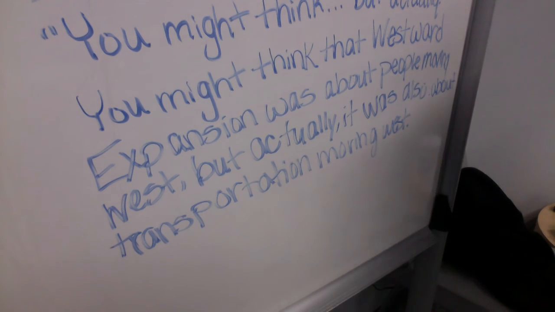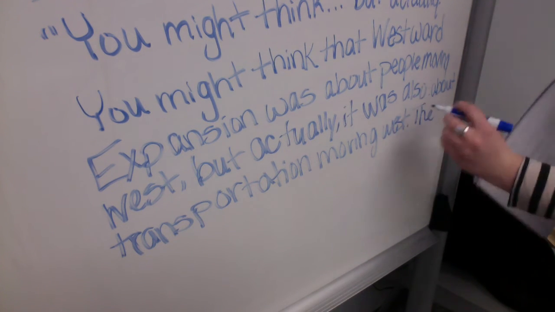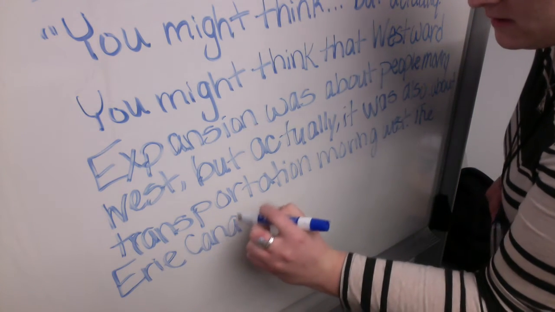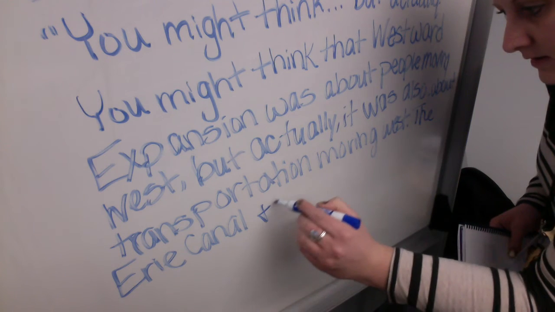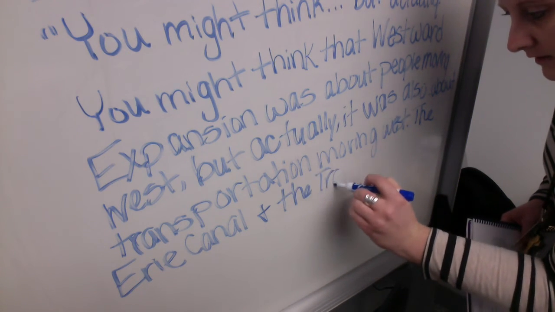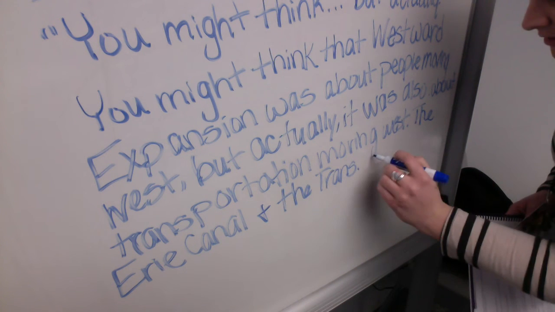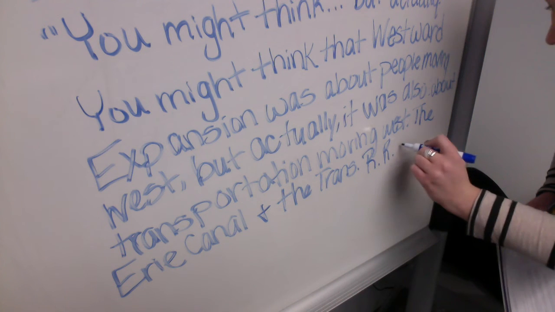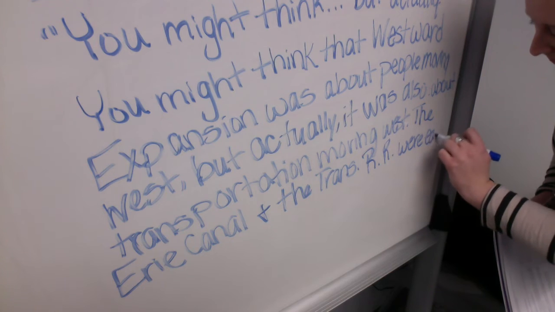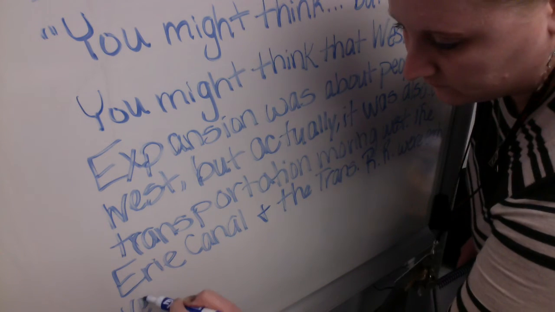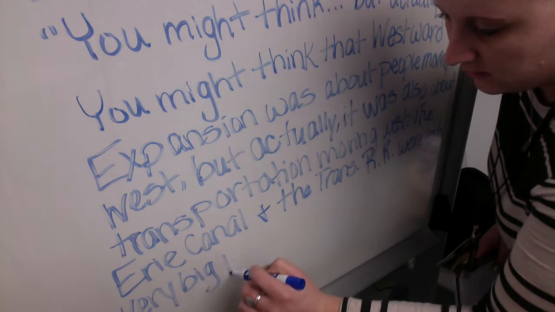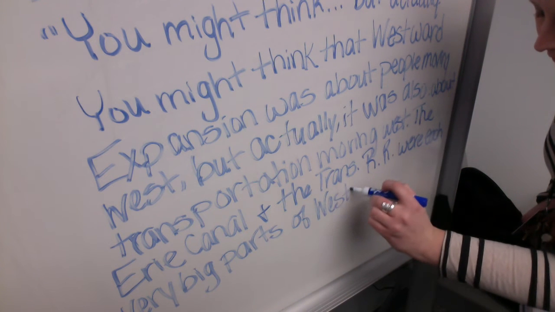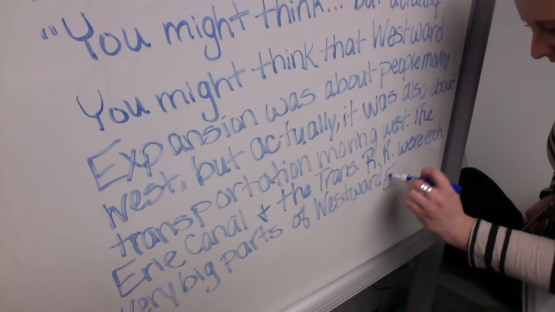So then you could also add a sentence that said, the Erie Canal and the, I'm going to abbreviate, Transcontinental Railroad, RR, were each very big parts of westward expansion.